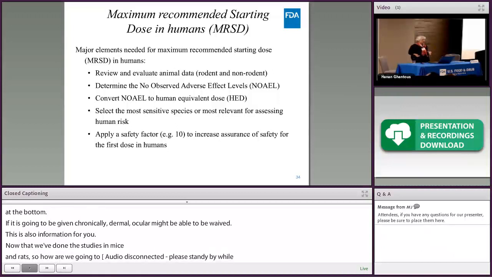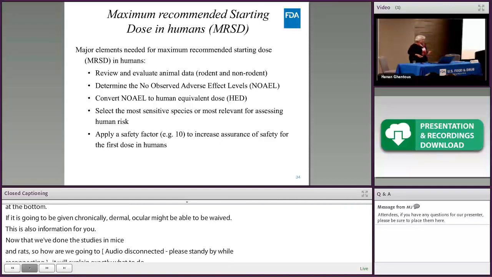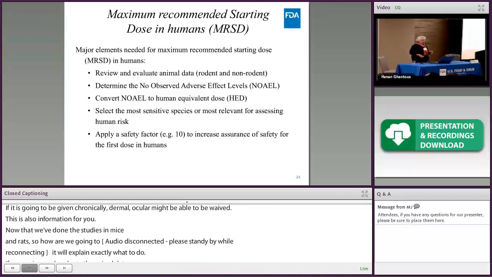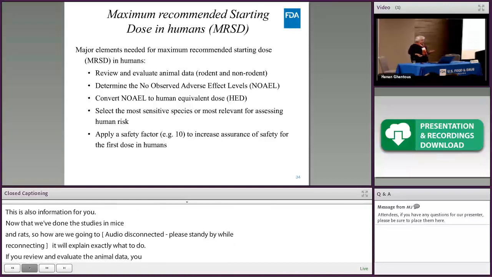This is an FDA guidance, not an ICH guidance. And it explains exactly what to do. You review and evaluate the animal data. You find a NOEL in the 2 species. Then you convert the NOEL to the human equivalent dose. And then you select the most sensitive species, and you add a safety factor of 10.